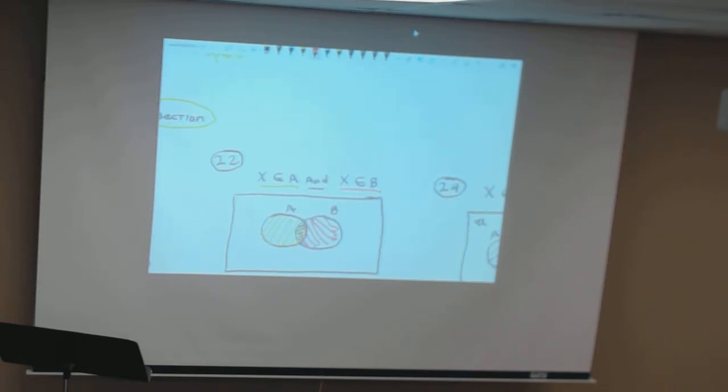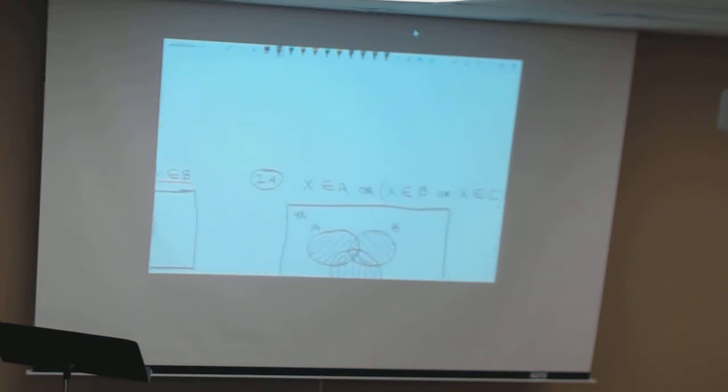But because it says and, that means what? And is what? Intersection. Intersection. So that's where the red and the green overlap, which would be all of this area right in here. Everybody see that? Good. Let's do 24.